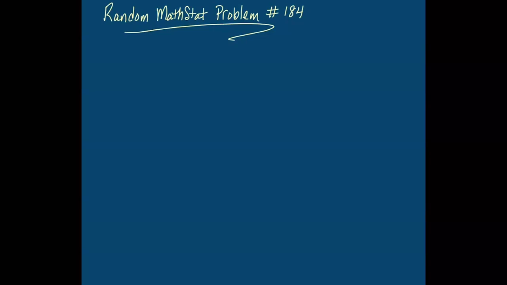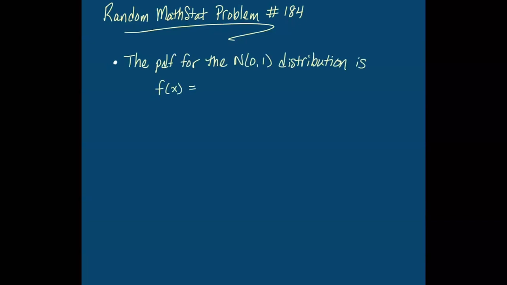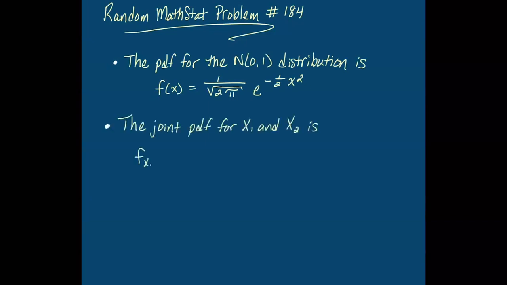As a reminder, the PDF for the standard normal distribution is 1 over the square root of 2 pi times e to the negative 1/2 x squared. The joint PDF for X1 and X2, denoted by f sub X1, X2, is, by independence, the product of the two marginal PDFs. You'll notice that I don't have a subscript on the f.